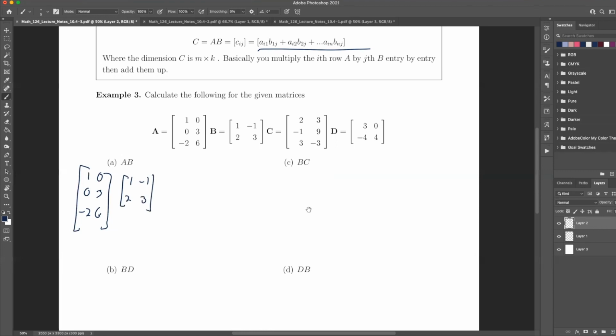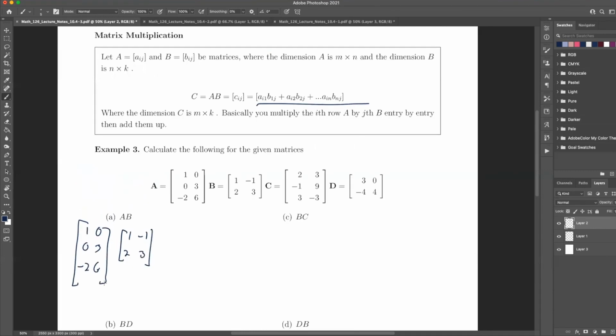Why? Because what do we need to have here? Let me show you. This is a 3 by 2 matrix. This is a 2 by 2 matrix. What needs to match is the two inner dimensions.